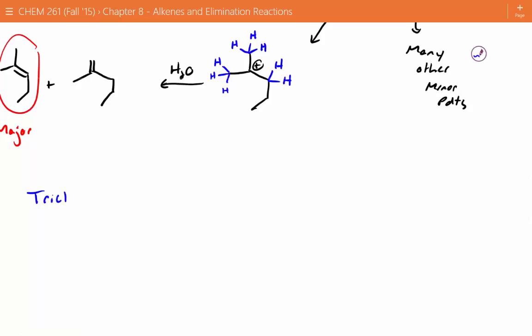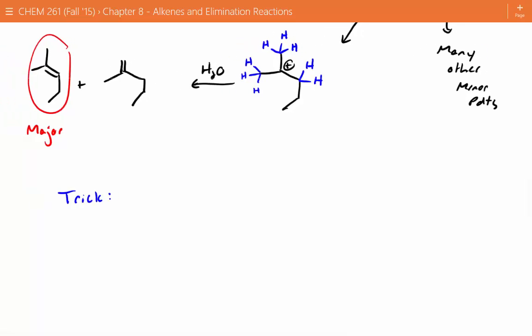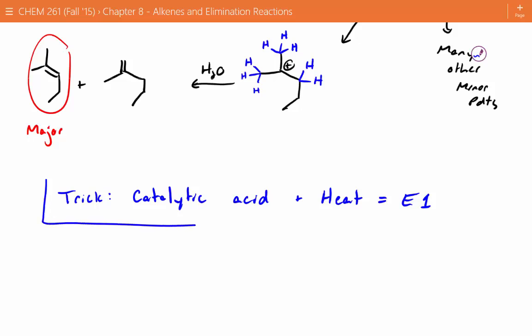Trick: catalytic acid plus heat equals an E1. This is one of the few cases where you don't really observe the SN1 reaction happening because it would just give you the same product back out. But it will give you the E1 product out of this.